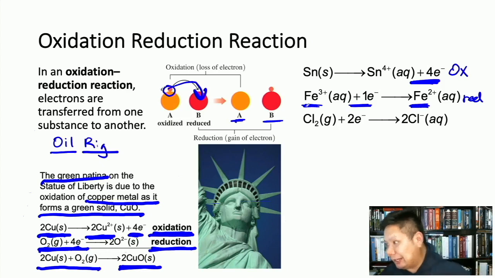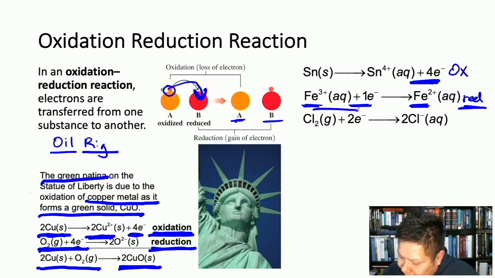Because oxygen took iron's electrons. But in this particular example, it's a reduction, right? Because iron actually gained electrons here. And the chlorine gas, gaining 2 electrons there to become chloride, that's also a reduction, right? That's also a reduction.